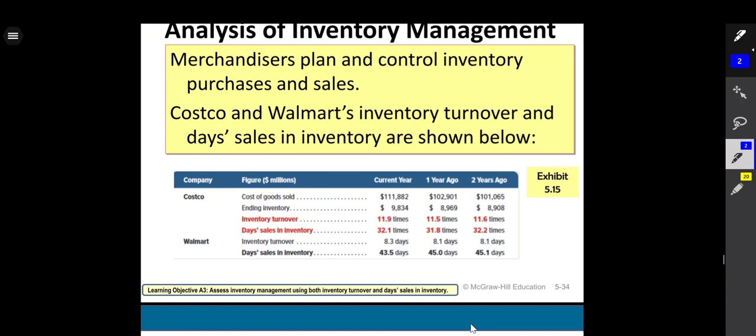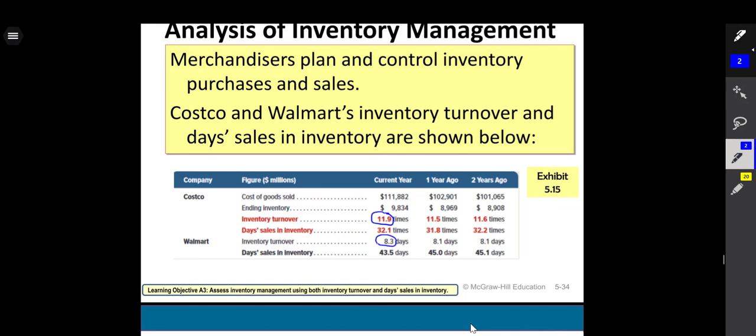So here's a good example. Costco and Walmart inventory turnover and days sales in inventory are shown below. Costco is selling out its inventory 11.9 times in the current year. I think this Walmart number is 8.3 times, not 8.3 days. It might be, I don't know. But anyway, typically when you look at inventory turnover, it's 11.9 times a year.